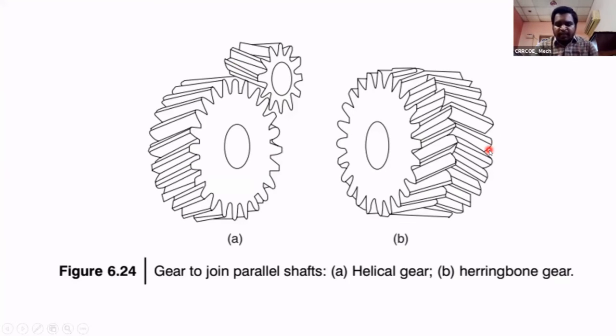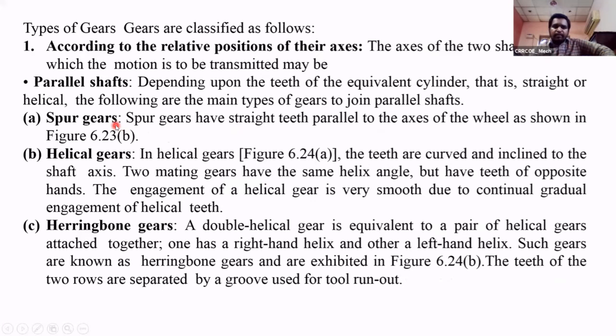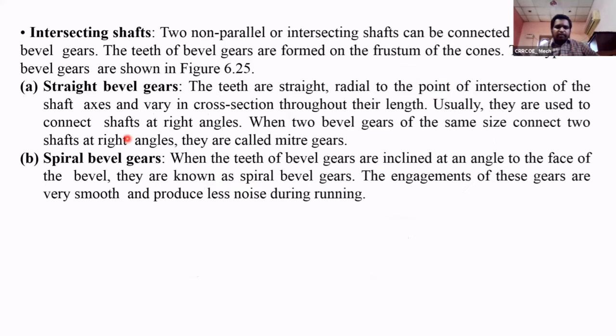Herringbone gear means a special arrangement, like a fabric pattern, where the gears are engaged like the threads in a fabric. Those gears are called herringbone gears. Helical gears mean the teeth are at a certain angle. So based on parallel shafts, we can classify the gears into spur gears, helical gears, and herringbone gears. I will show the animation later.